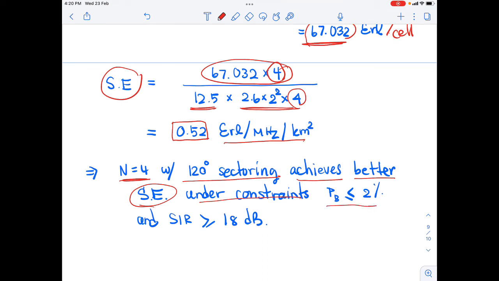Remember, we want blocking probability to be less than 2%, and that's okay. And we want the quality of the signal, measured by SIR, to be bigger than 18 dB, which is also satisfied in this case. So this is the end of how we can determine or analyze spectral efficiency for a cellular network.